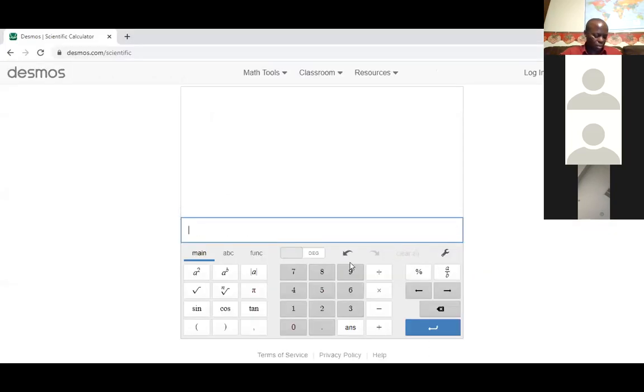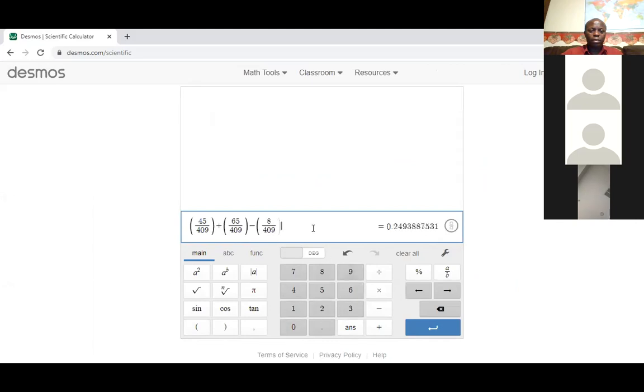We have 45 over 409 plus 65 over 409 then minus 8 over 409. Okay. 0.249388. So we stop at the third decimal place here, 0.249, which is what you have in the notebook.